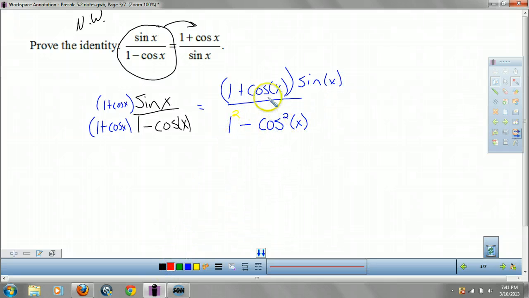Do you guys remember? What's 1 minus cosine squared? Yeah, remember sine squared plus cosine squared equals 1. So that means sine squared equals 1 minus cosine squared. So yeah, my bottom equals sine squared.